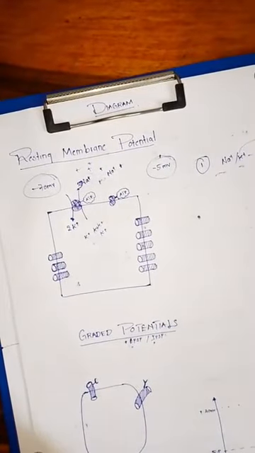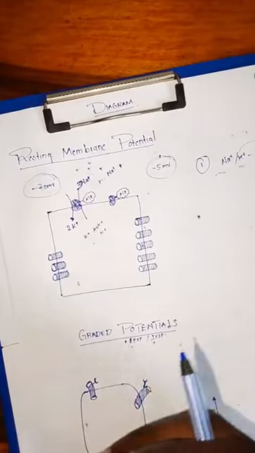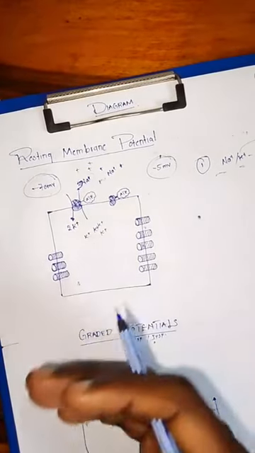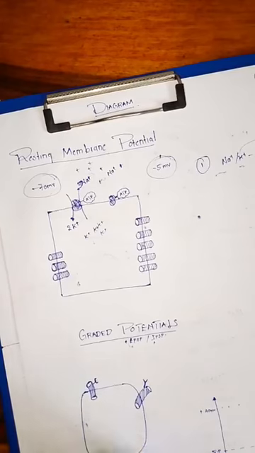Why? It's because they are pumping 2 cations inside and taking 3 cations outside. That shows that more of these cations are being taken outside, in as much as there are some that are being brought in.